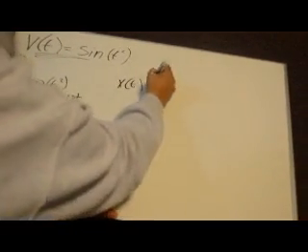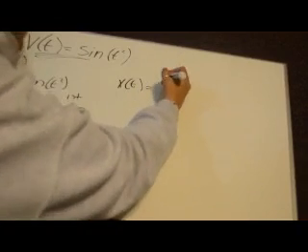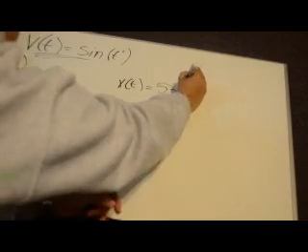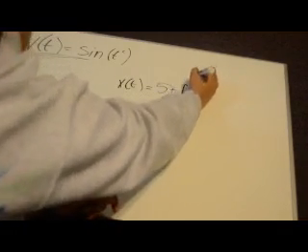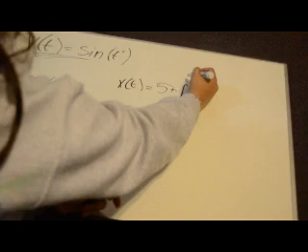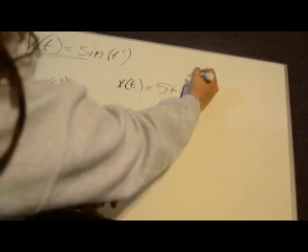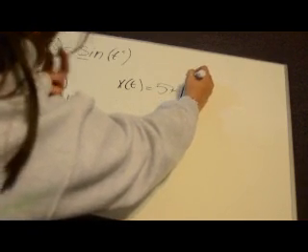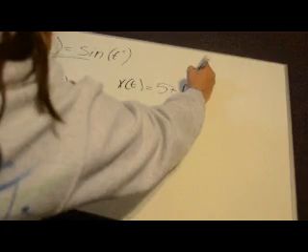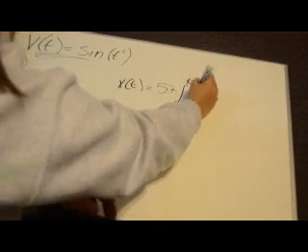x of t is equal to, you remember, 5 plus the integral from 0 to t of sine t squared.